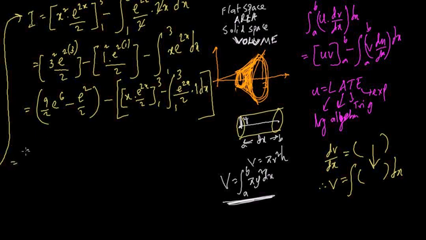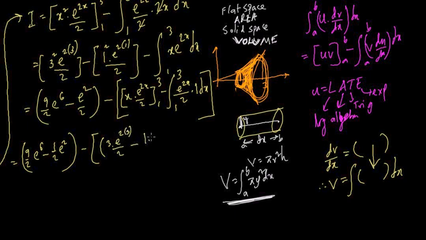So that means 9 by 2 e to the power 6 minus 1 by 2 e to the power 2 minus, now we can put the value here, 3, so this would be 3 e to the power 2 into 3 by 2 minus 1 e to the power 2 into 1 by 2. So that is the limit from 1 to 3 here.